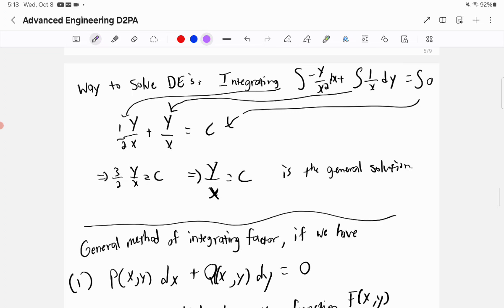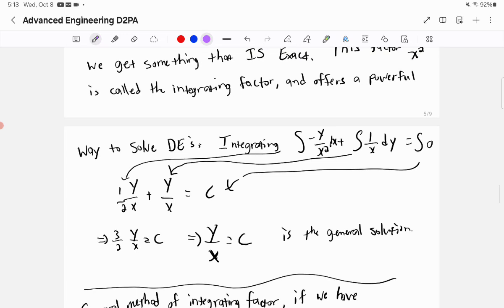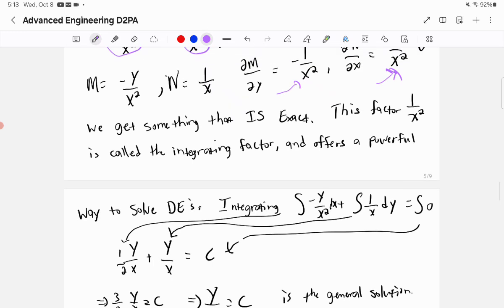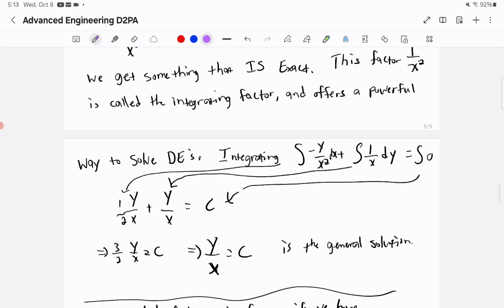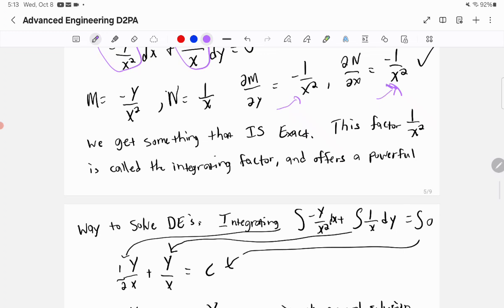Now, why do we care about the integrating factor? Well, I just mentioned, once we have exactness, that makes our life easier for solving things. But we can actually use the integrating factor to help us find the solution. For instance, in this particular case, we can integrate both sides here.